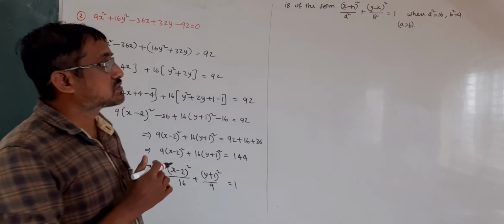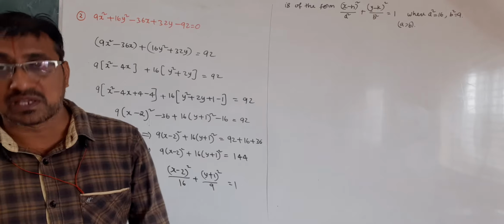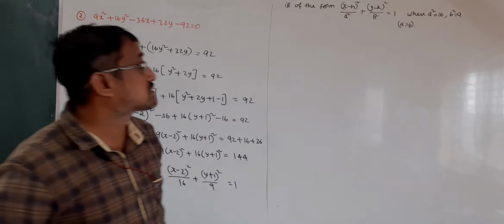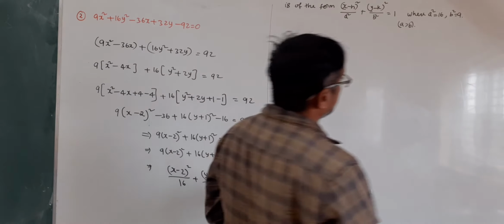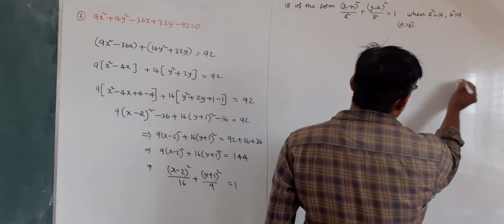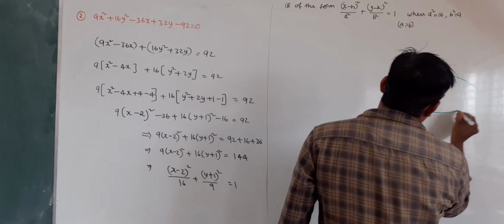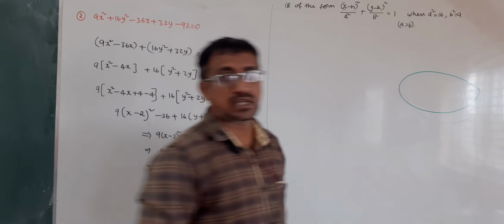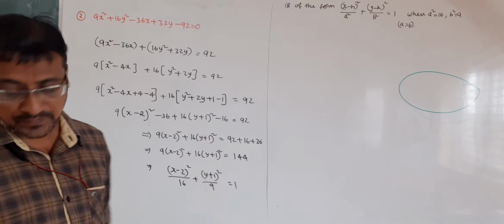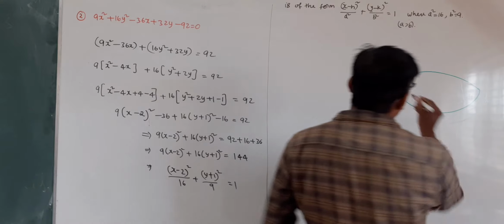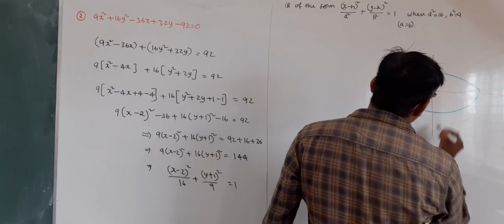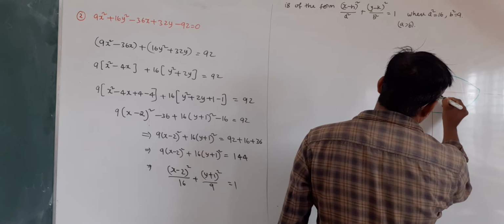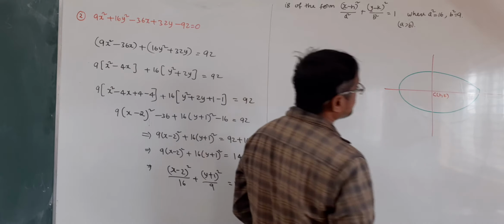x minus h whole square by a square plus y minus k whole square by b square is equal to 1. So it is an ellipse whose center is shifted to some other point h comma k. So here the center is h comma k.